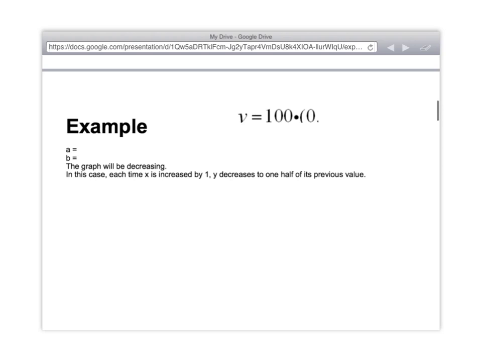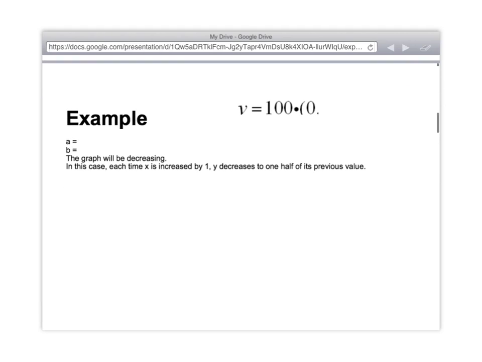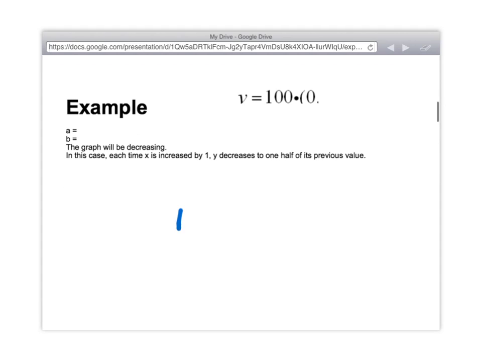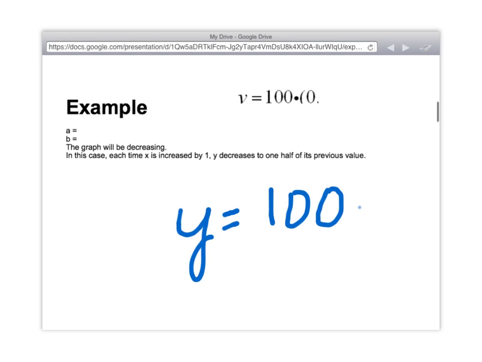An example: y equals 100 times 0.5 to the x. In this graph, a is equal to 100, b is equal to 0.5.